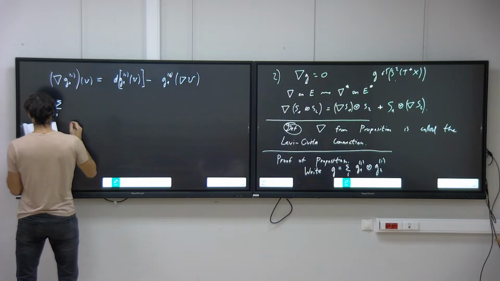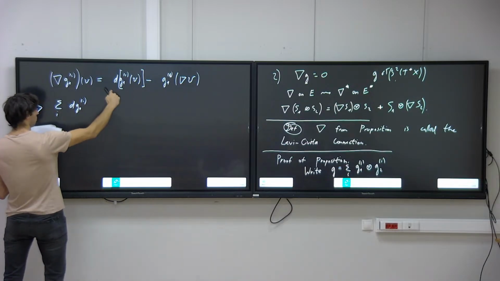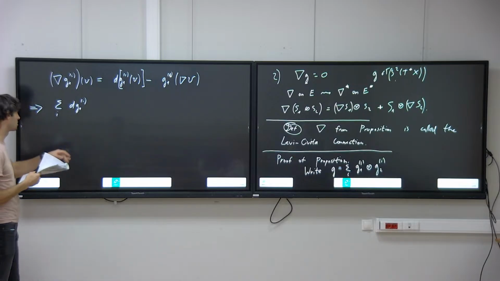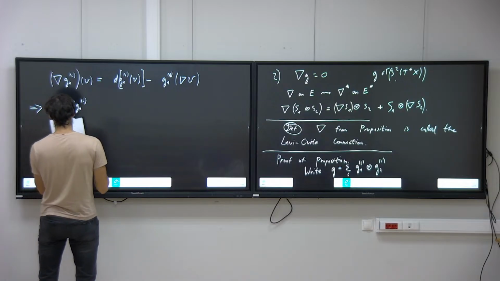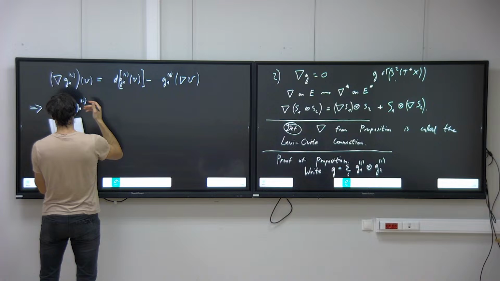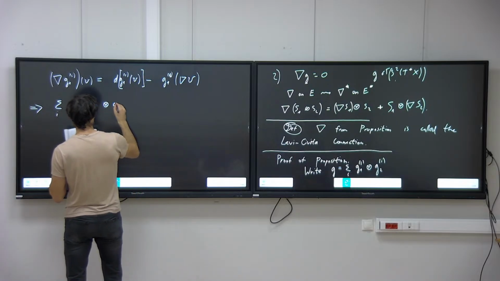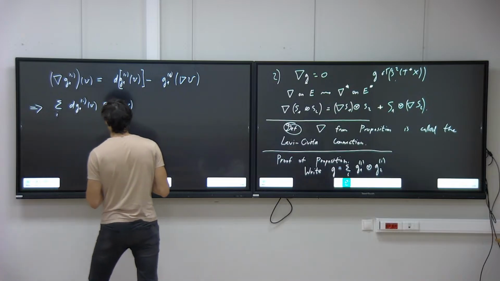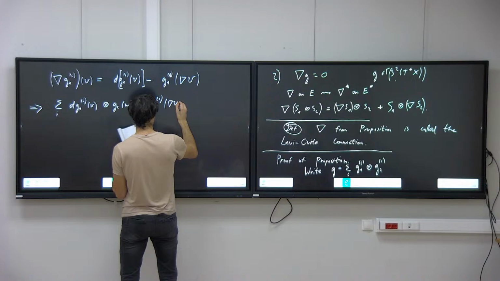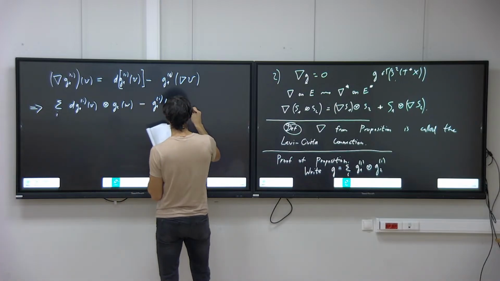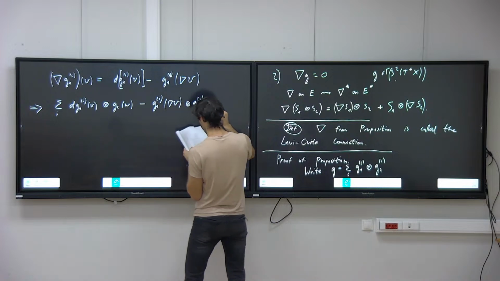So sum over i, d(g_1i(V)) — of course, I will not write these square brackets once we understand that d of the whole thing is a function — tensor g_2i(W), minus g_1i of nabla V tensor g_2i, should be like that, it's all good.